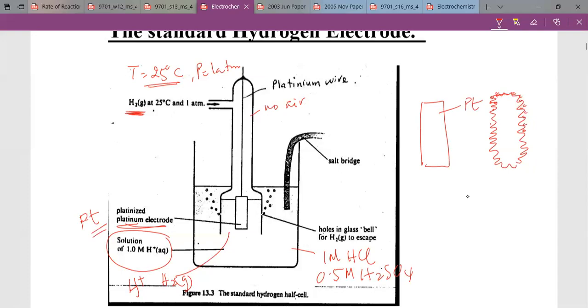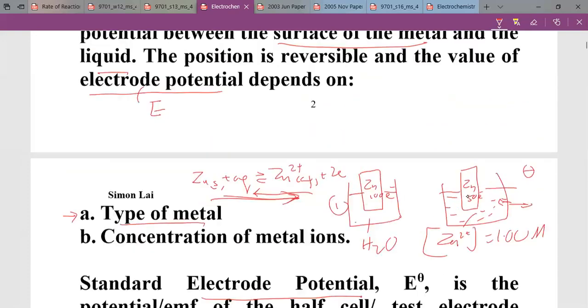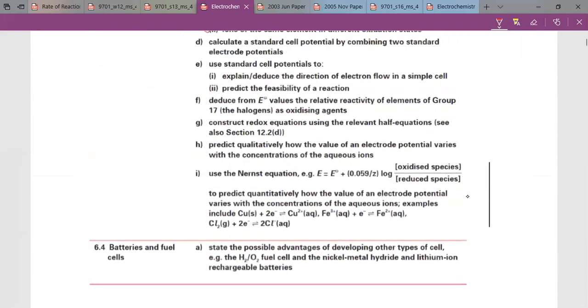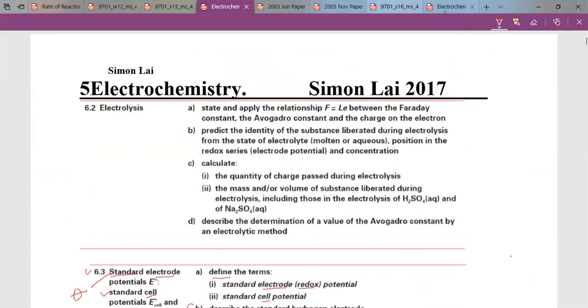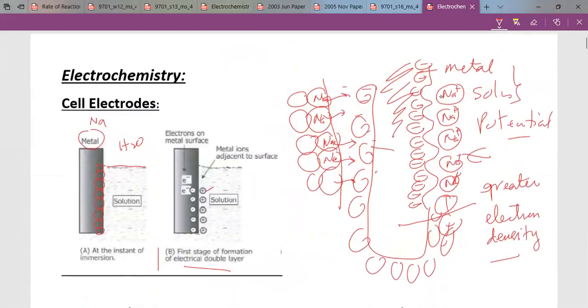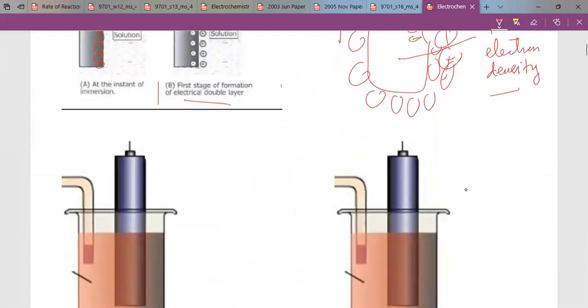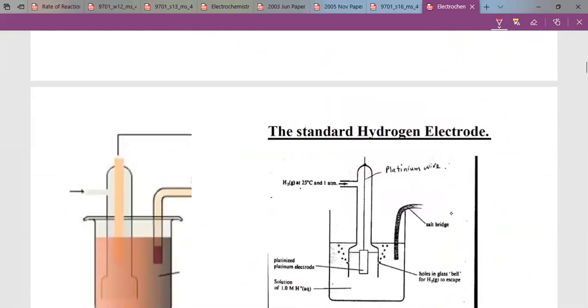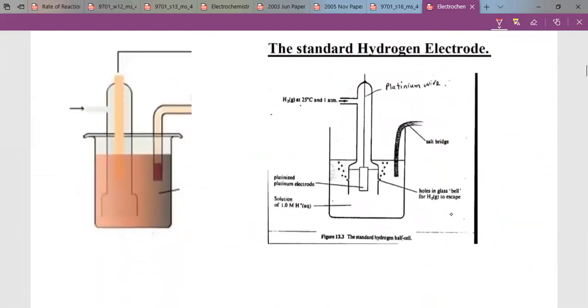Remember, if it's zinc here, there'll be a layer of Zn here. And hydrogen here.